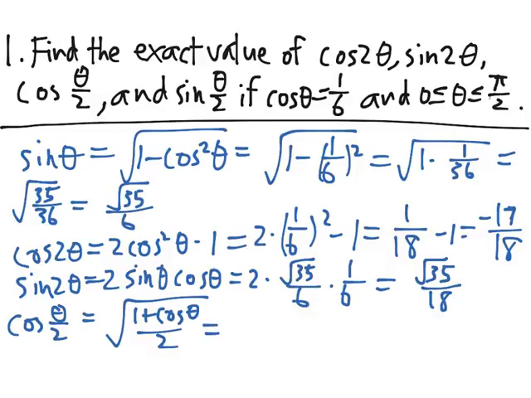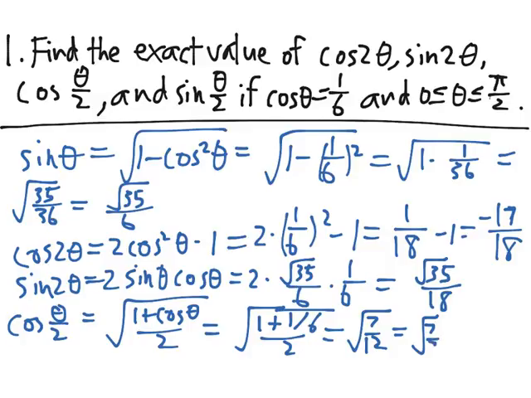Now this is equal to square root of 1 plus 1/6 over 2, which equals square root of 7 over 12, which is equal to square root of 7/3 divided by 2, which is equal to square root of 21 over 6 if we divide and multiply the fraction by square root of 3.